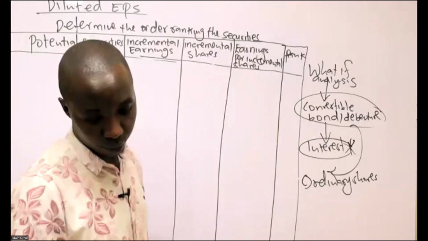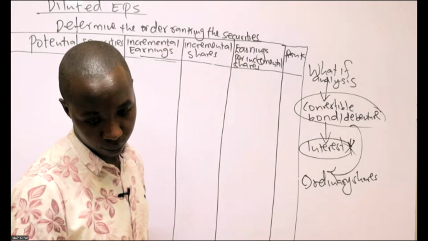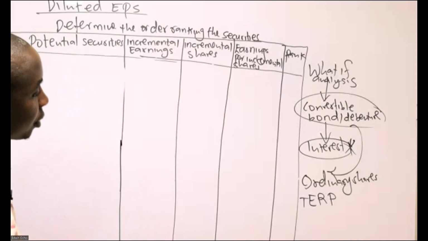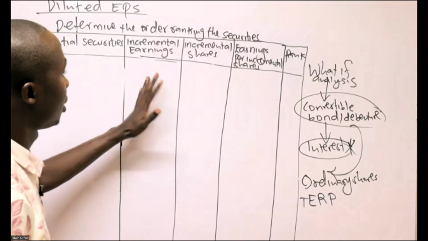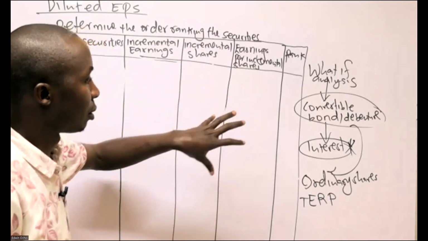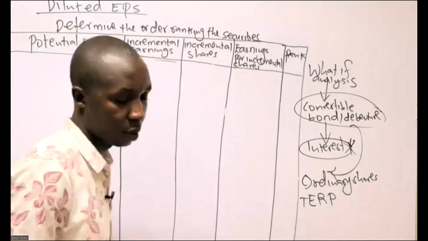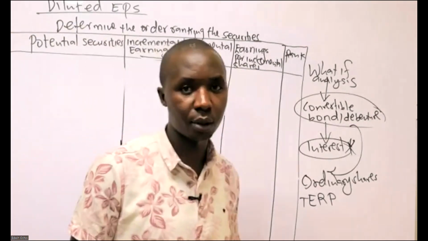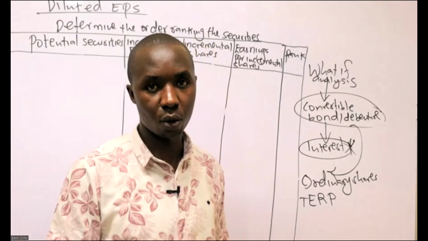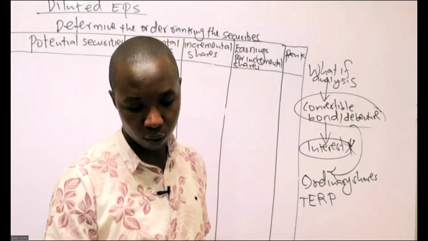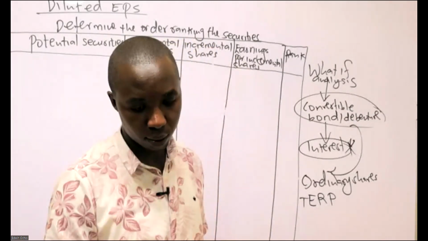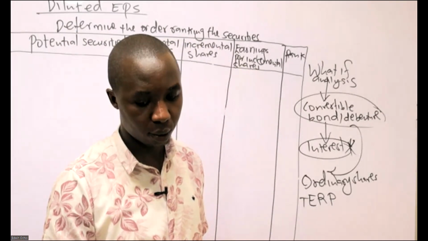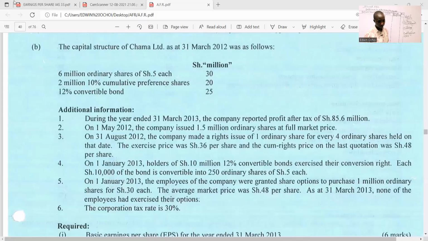I've already explained why we have these columns. So in our question, we have two potential securities, convertible bond and stock options. Before I continue, I need to explain this based on the notes which you already have.